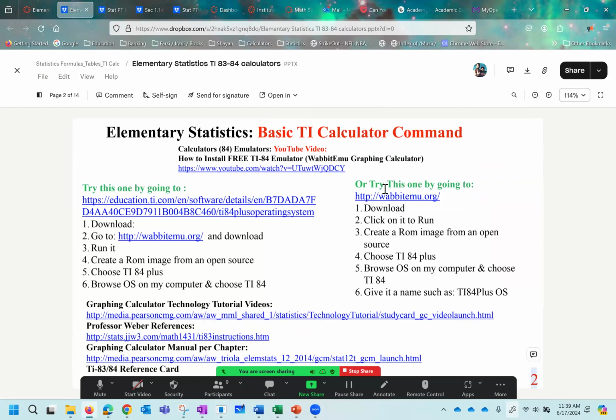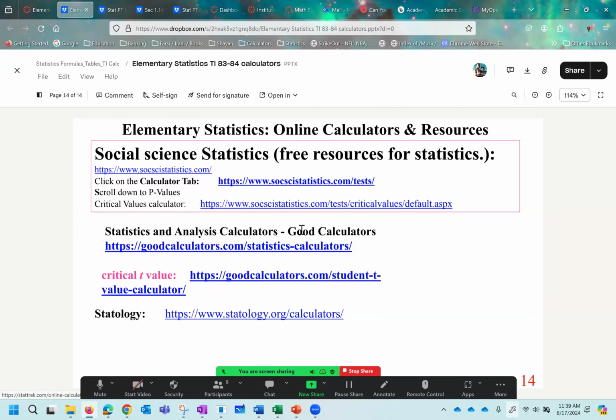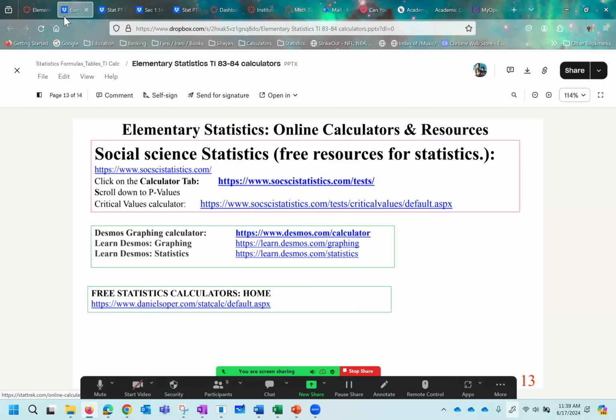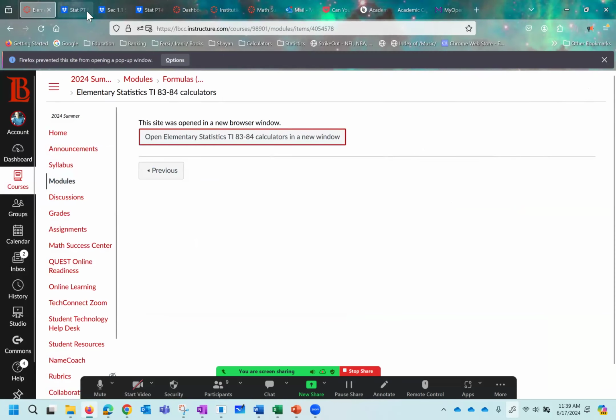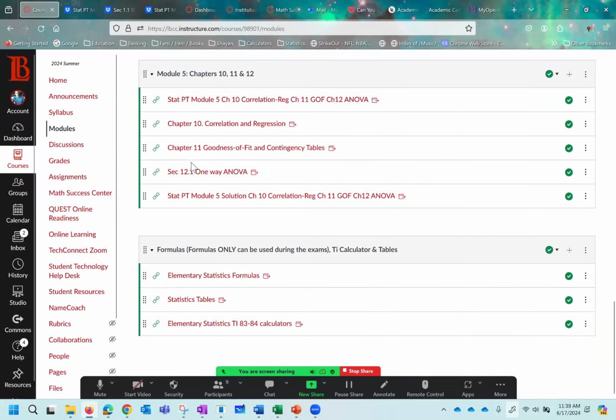I'm not too sure if it's going to work, but sometimes it does, sometimes it doesn't. You can try. However, as I mentioned before, I have given you a lot of online calculators that you can find here, or I will explain it again as we go to MOM, or My Open Math. So these are all resources at the bottom of the modules.